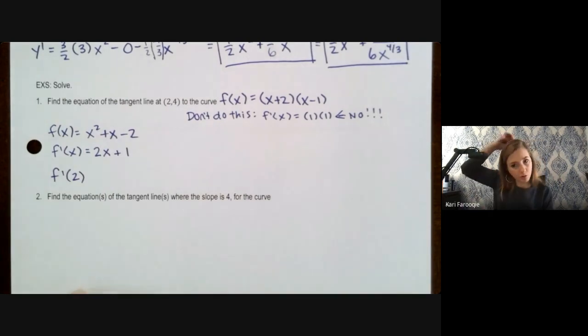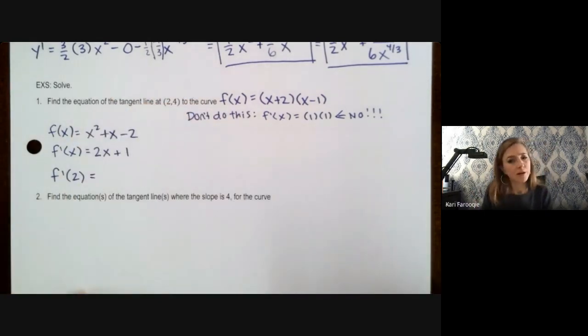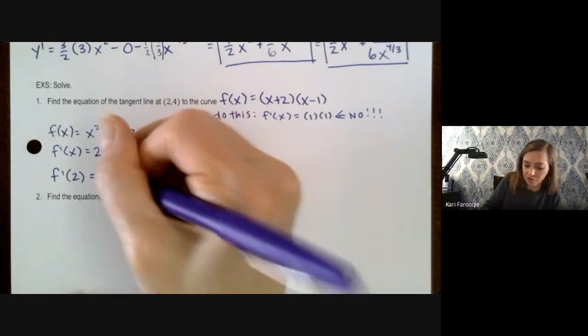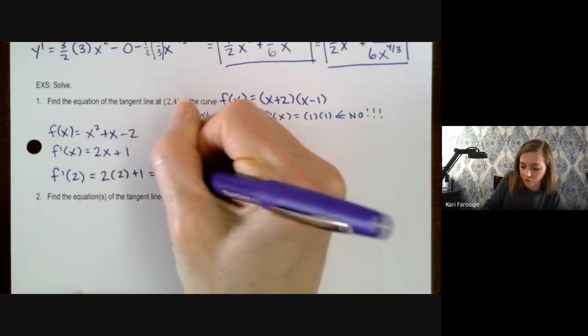This is very similar to what we did in 2.6, except our derivatives are coming much more quickly. I'm not taking f of a plus h minus f of a, or f of x plus h minus f of x divided by h. Not doing that right now. This is much easier, right? 2 times 2 plus 1 equals 5.